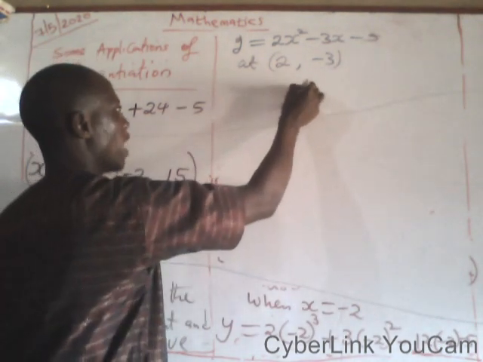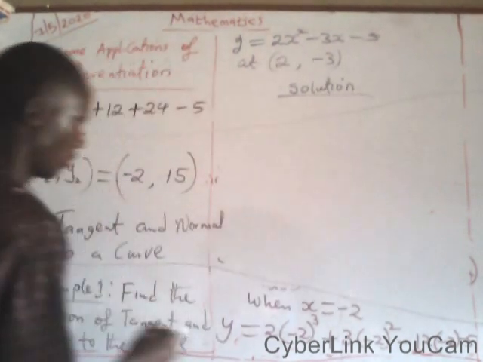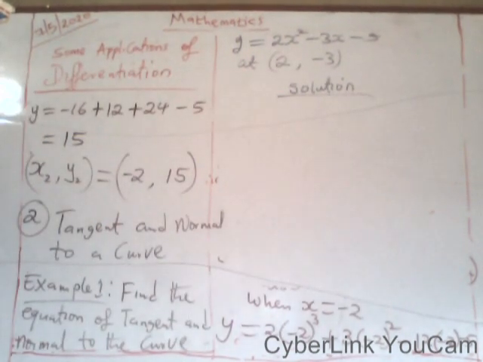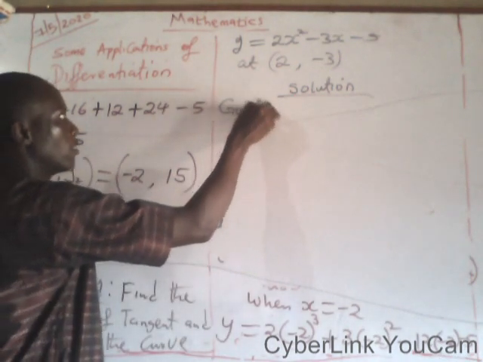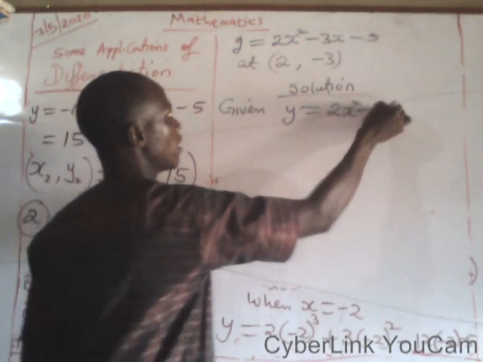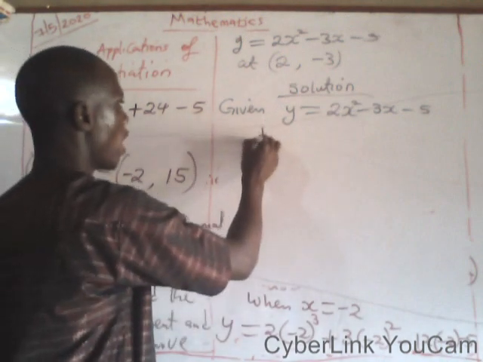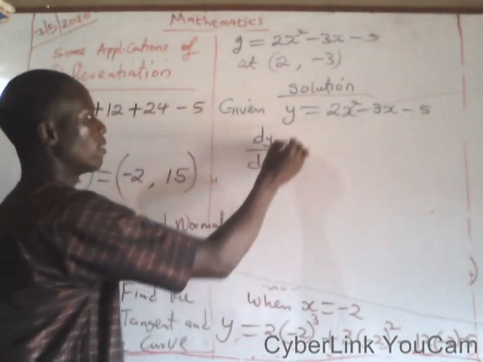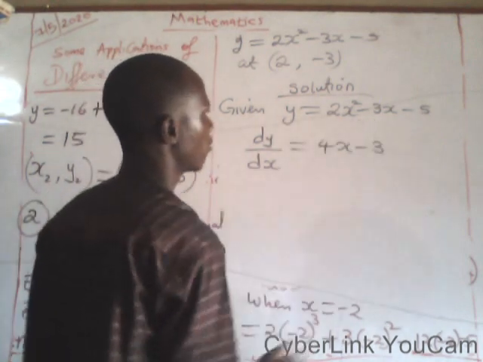So if you want to apply this, you want to obtain the equation of the tangent first. What you need to do is that we are given y to be equal to 2x squared minus 3x minus 5. We need to find the gradient of the tangent, and that is dy all over dx, and this is equal to 4x minus 3.